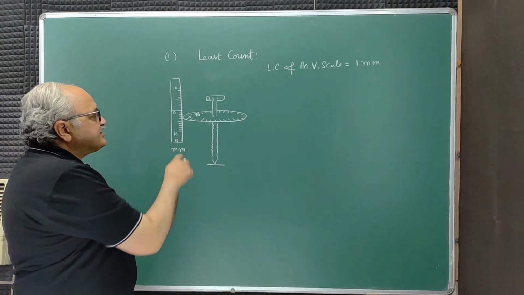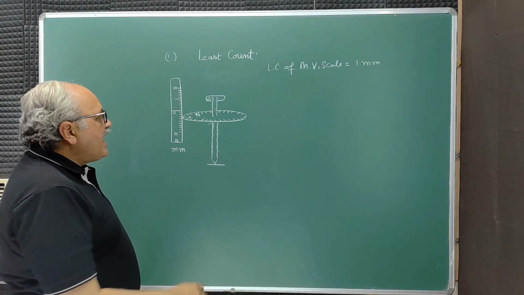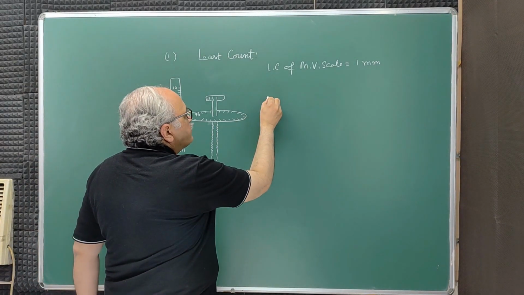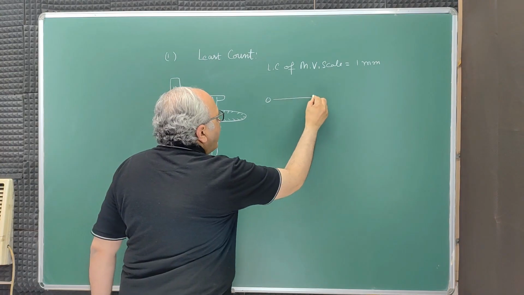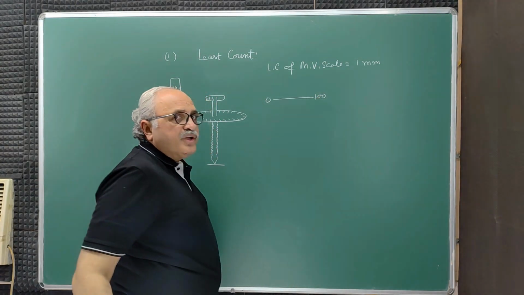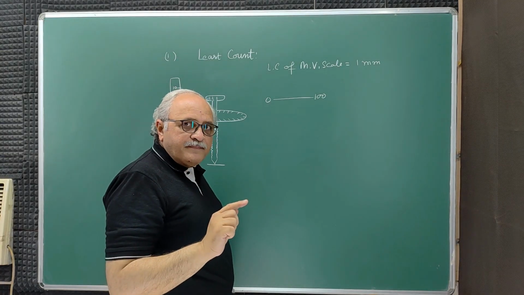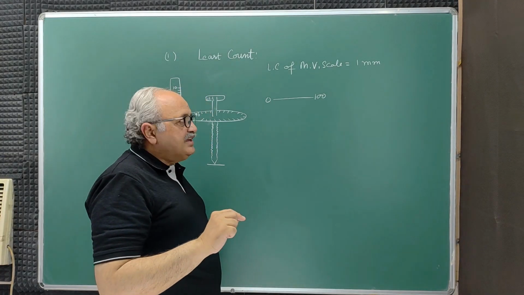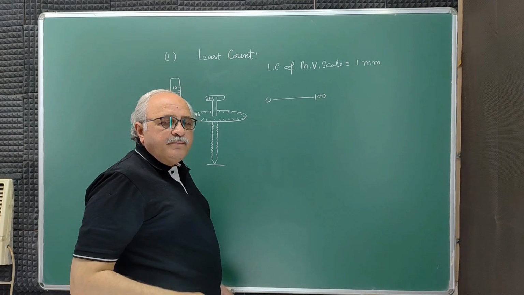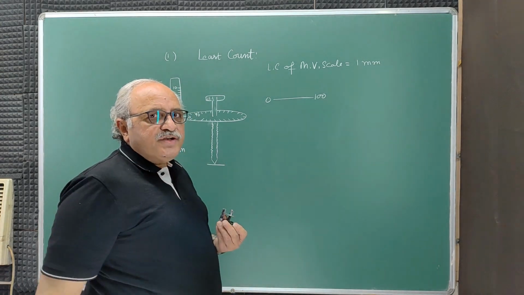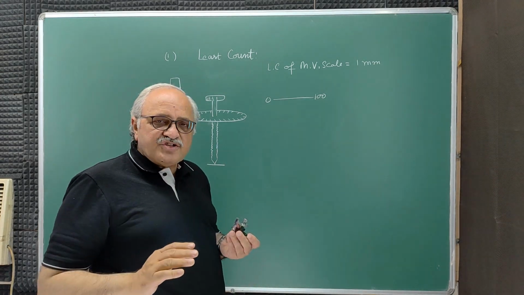And if you look at the circular scale, there are divisions going from 0 to 100, and as we have seen in the screw gauge also, this 100 is not marked on the circular scale. After 90 we have directly the 100, because again it is a repetition, so we have 100 divisions.